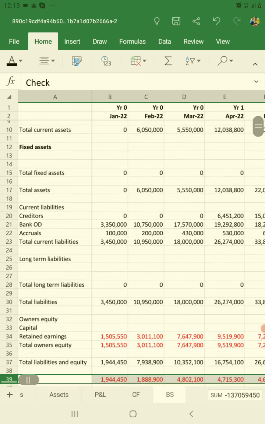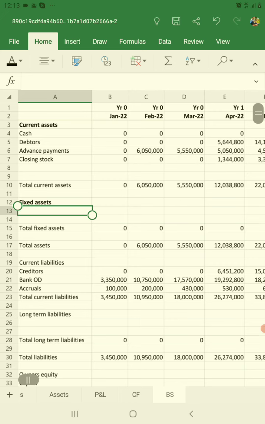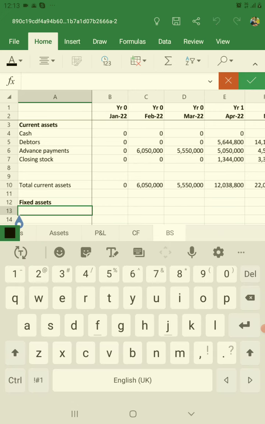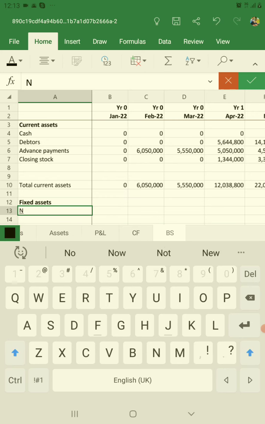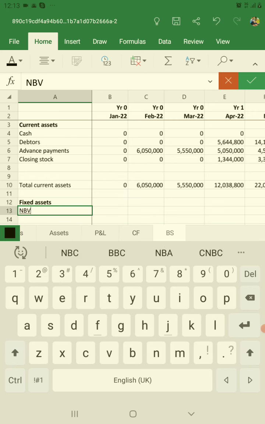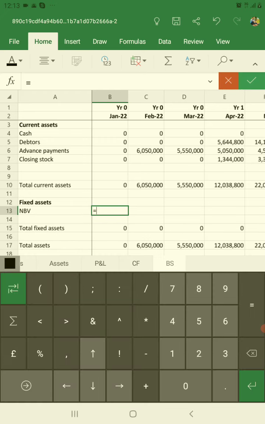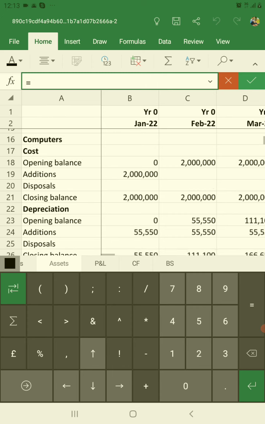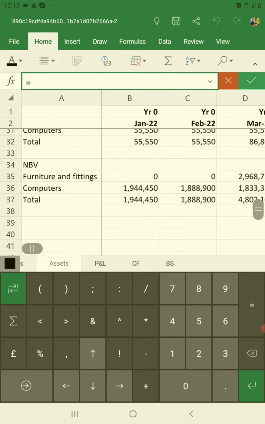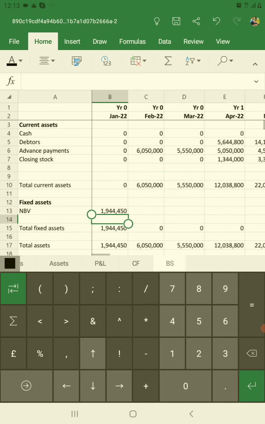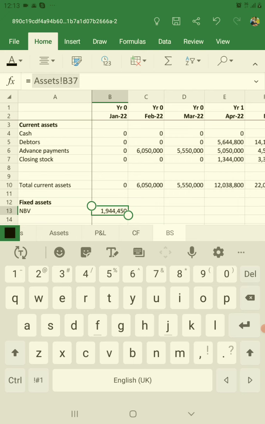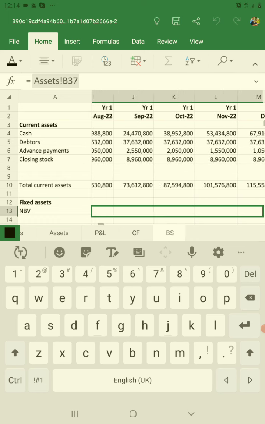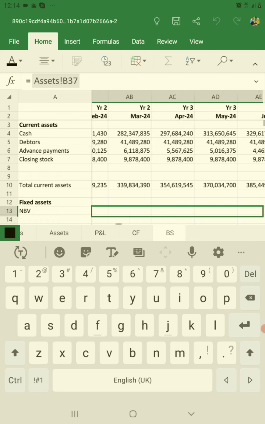So let us add fixed asset here, and let us double tap to write NBV, net book value, and put equal sign, go to assets and pick the total for NBV, which we have done the summary, and we are here at January, so this one in the total, enter, and then I tap to fill this throughout the projection period because it is applicable.